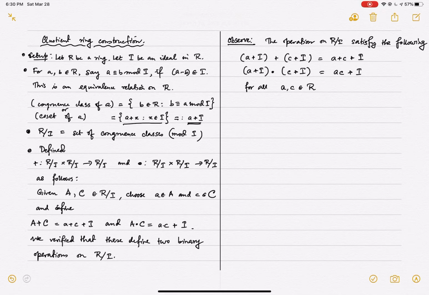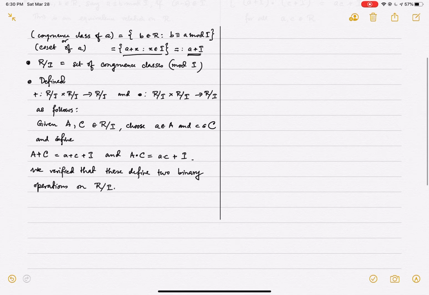So once you know that these operations are there, you can actually work with them just by these equations. The thing is that once I give you a coset, it's not necessary that I give it to you by giving an element little a. So one has to do some work to make sure that there is a well-defined operation satisfying this, and that's why we had to go through all this business on the left-hand side.